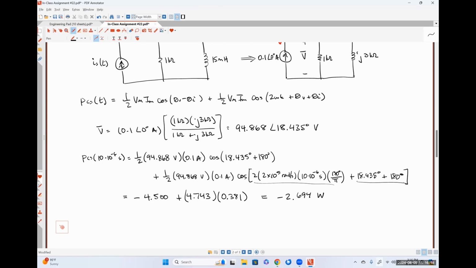I chose to convert my angle in radians into degrees because my calculator is in degree mode and I'm lazy. Any other question on our current source power calculation? All right, so let's move on to our resistor.